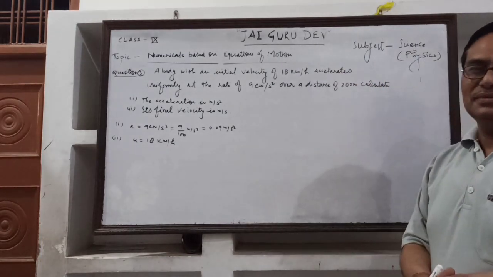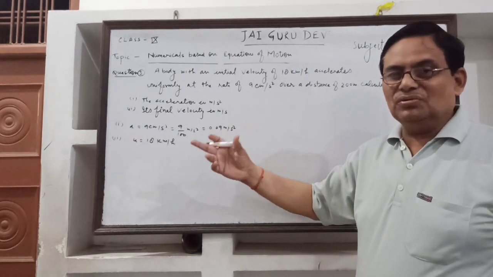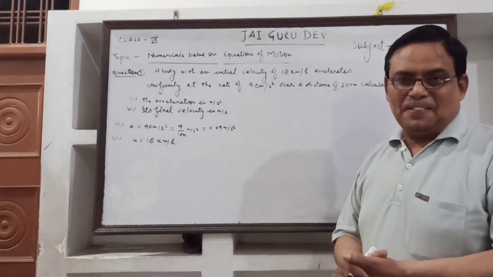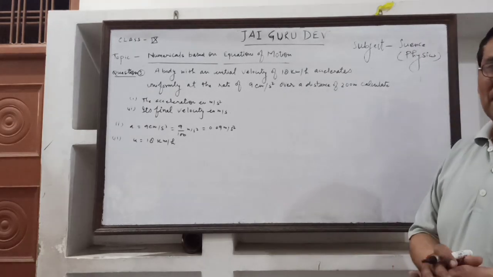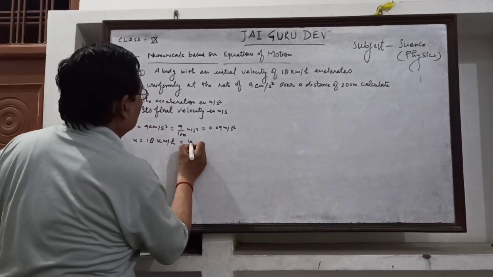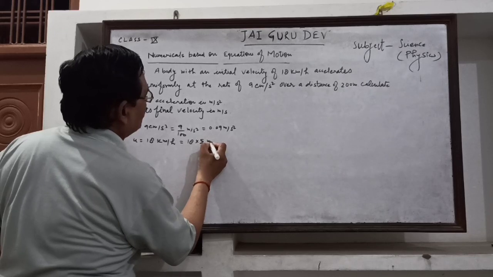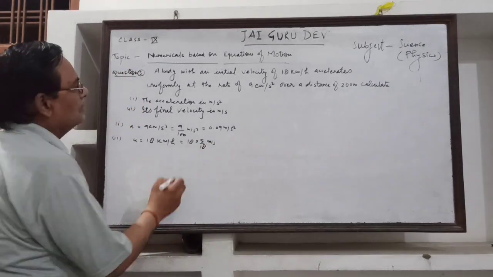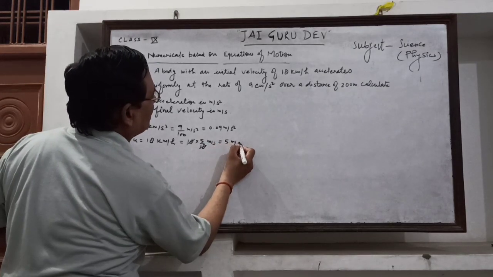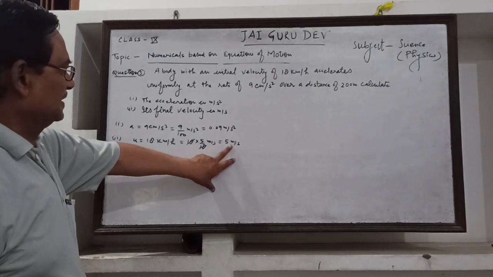You know the SI unit of velocity is meter per second, and when you want to convert kilometer per hour into meter per second, we multiply by 5 upon 18. So we multiply 18 into 5 upon 18. The 18 cancels. What we get? 5 meter per second. So u is 5 meter per second.